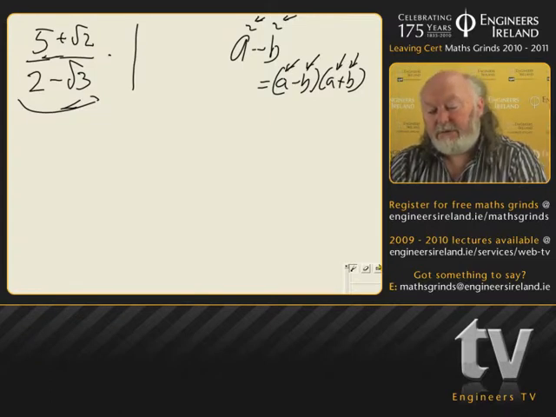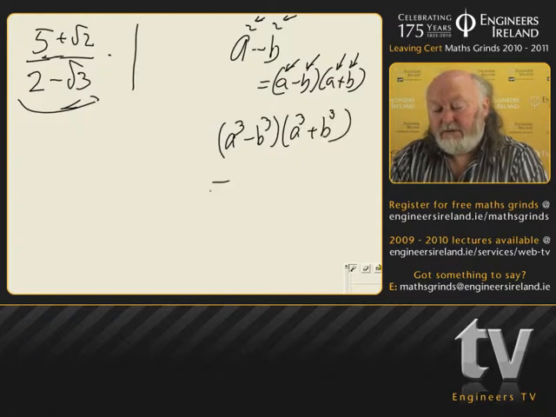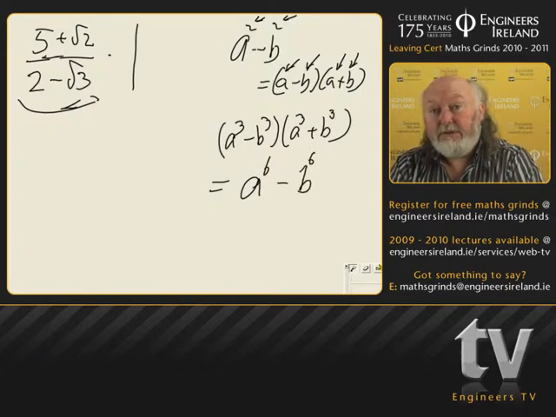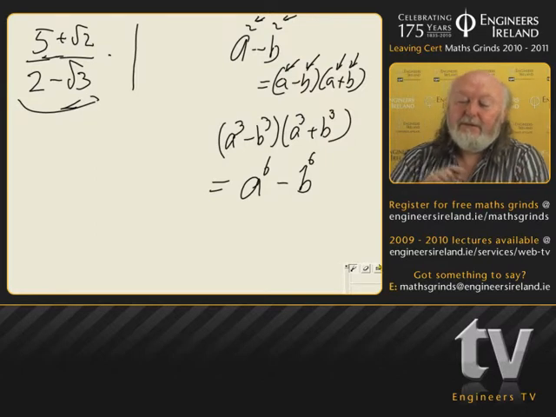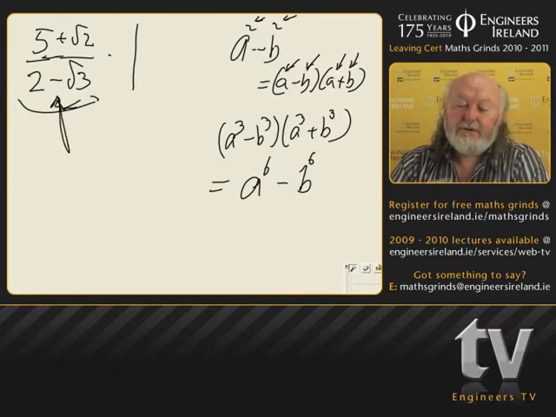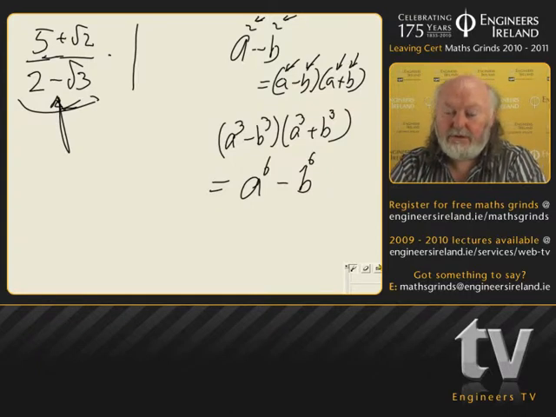Let's just say to ourselves, what if I had a cubed minus b cubed by a cubed plus b cubed? Let's say, okay, I'll double my powers. That's all you're doing. Let's come back to our problem. Underneath the line here, we have a third, the square root of 3.